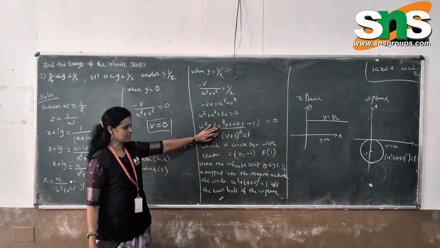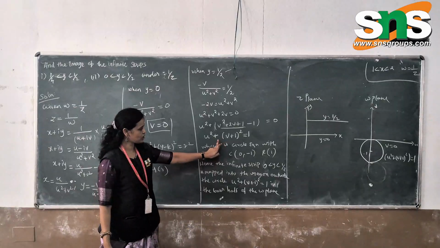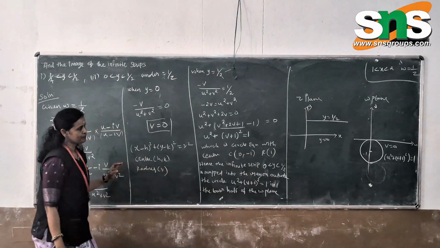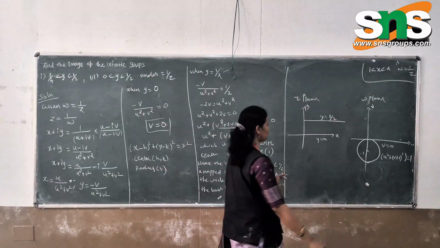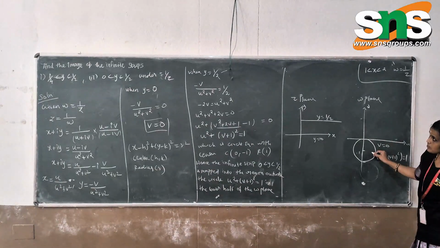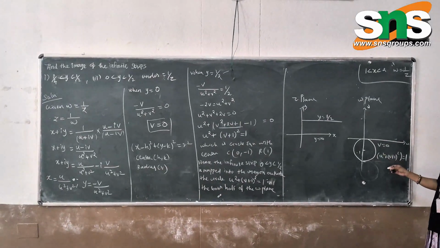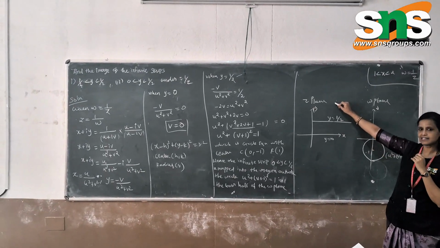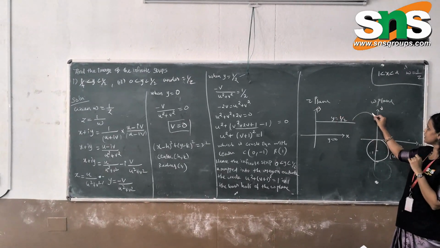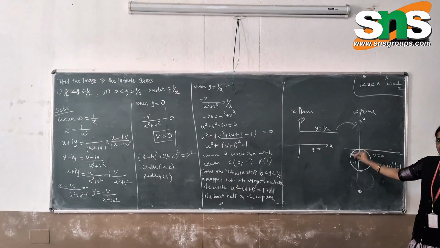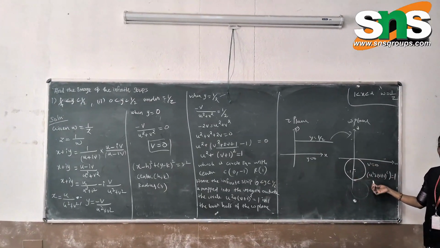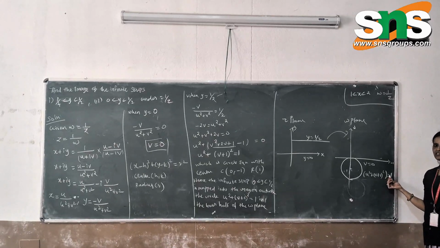So clearly this is a circle equation with center (0, -1) and radius 1. Here in the w plane, our line y = 1/2, which is a straight line in the z plane, is mapped into the w plane as a circle with center (0, -1) and radius 1.